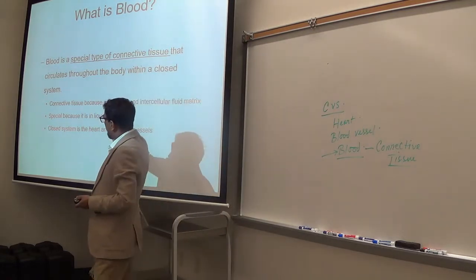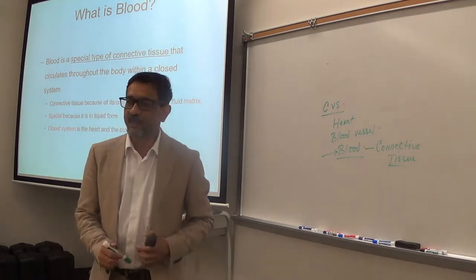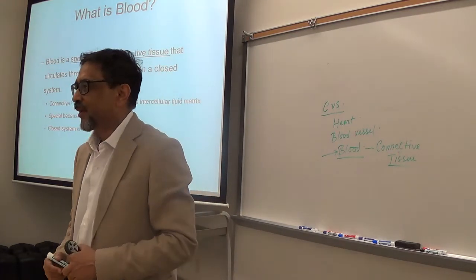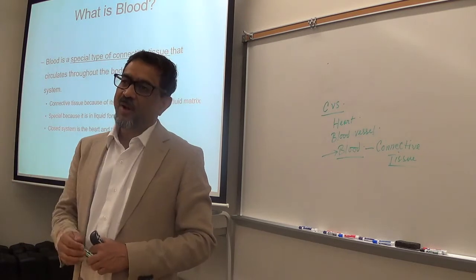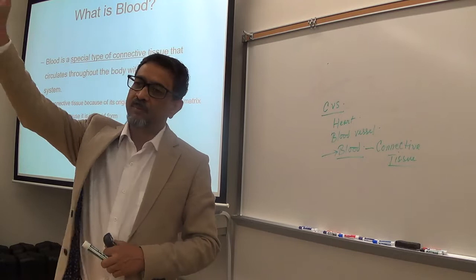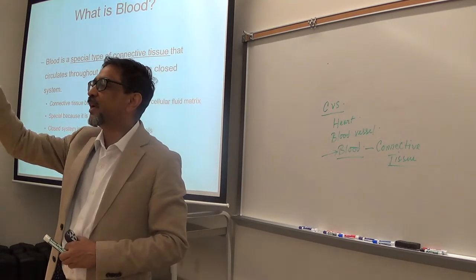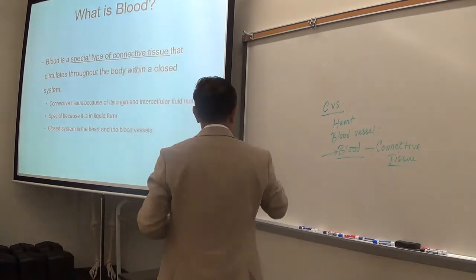Now, why is blood a connective tissue? The reason is all connective tissues come from a single source or origin that is called the mesenchymal tissue.